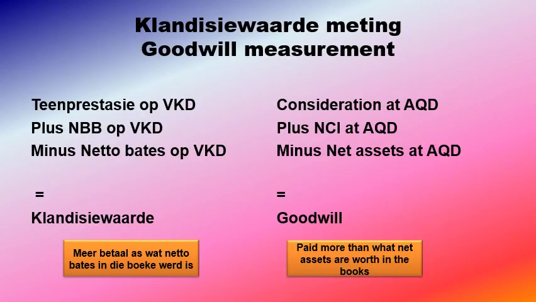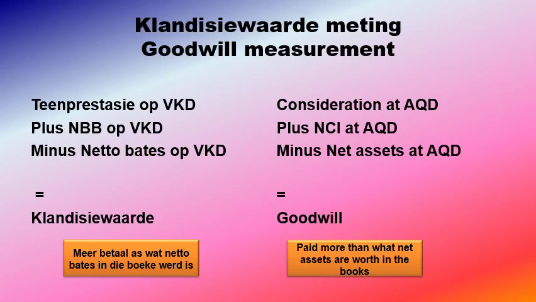You might not understand the formula for calculating goodwill 100% just yet, but we will slowly but surely work our way up to understanding the formula 100%. So for now, what I want you to do is please memorize this formula.